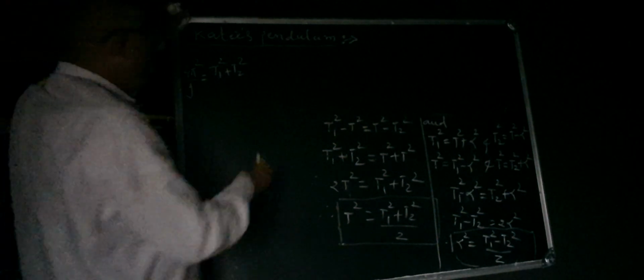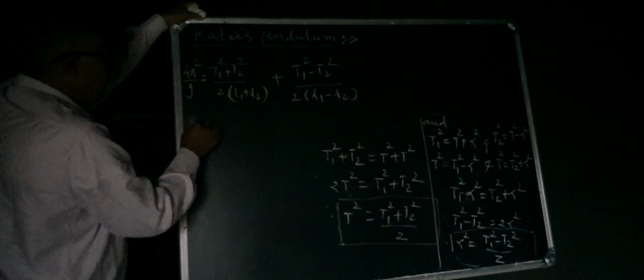Now putting the values of T square and alpha square in equation 6, we have 4 pi square upon g equals T1 square plus T2 square upon 2 into L1 plus L2, plus T1 square minus T2 square upon 2 into L1 minus L2.